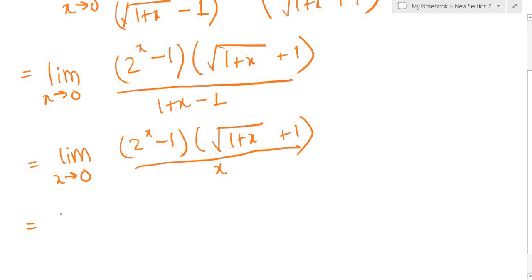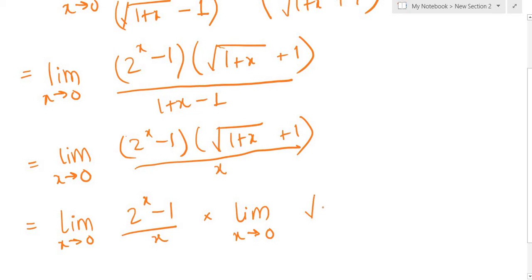And now with the multiplicative properties of limits, I'm going to split this into two limits. The limit as x tends to 0 of (2 raised to x minus 1) over x, times the limit as x tends to 0 of (square root of 1 plus x plus 1).